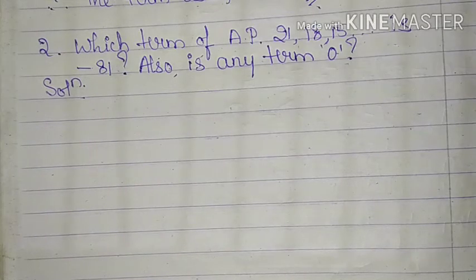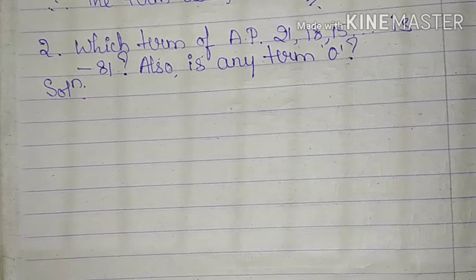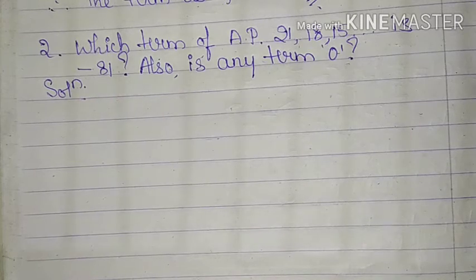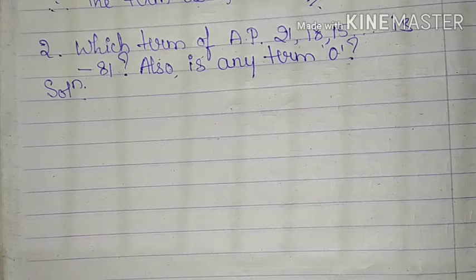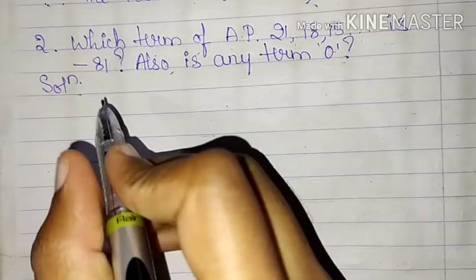They have asked us to find out which term of this AP is minus 81, and also, moving ahead in the question, which term of this AP will be 0. So here they have given us An and they have asked us to find the value of n. Okay, so let us work it out.